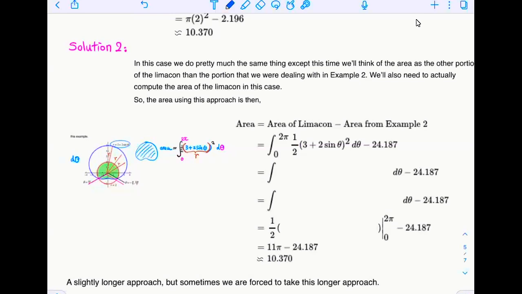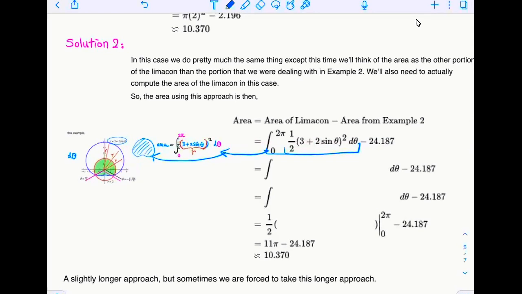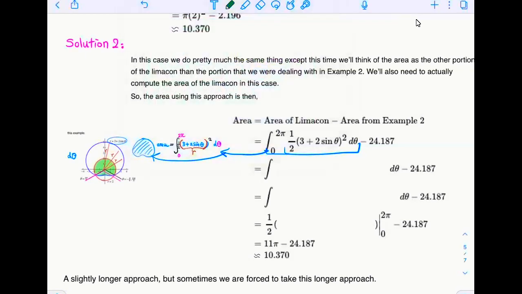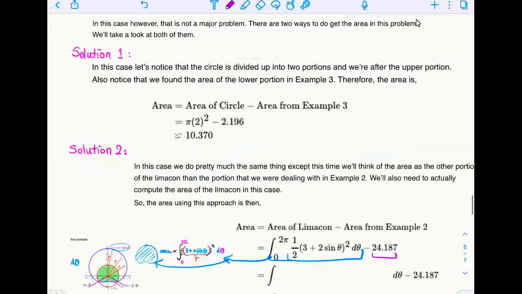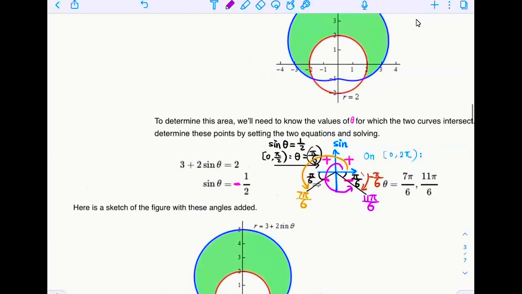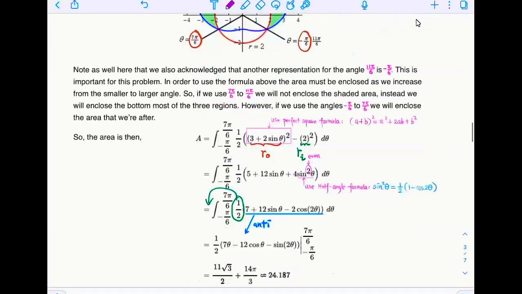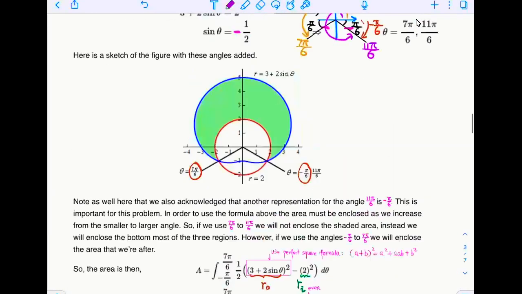So the integral over here corresponds to this part. And what is that one over there? That is the one from example 2. Sorry, I had to jump around. Oh, it's right here. Example 2.